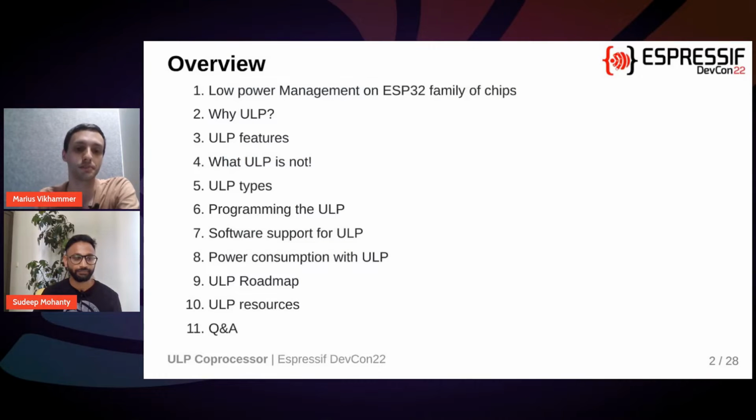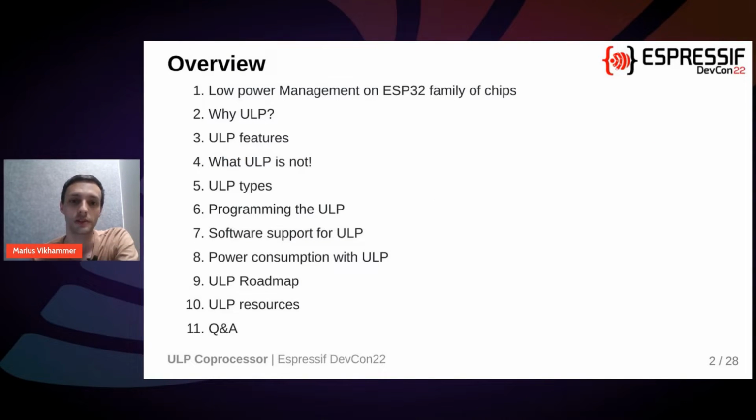Here's a brief overview of what we're going to be talking about. First, we'll give an introduction to what low power management means on the ESP32 chips. And then we'll talk a little bit about why ULP, what the ULP is, the different types of ULP we have in ESP-IDF, and then how you program it, a little bit about the different software support we have provided for it.